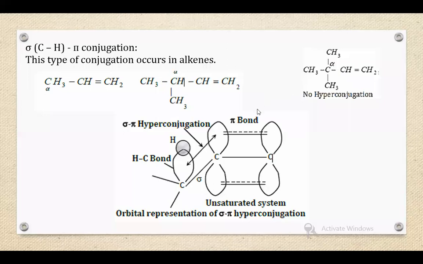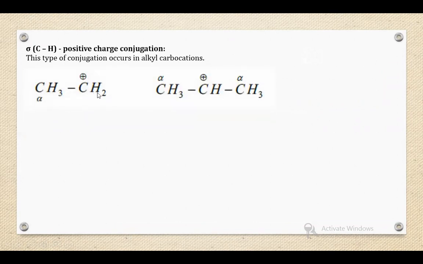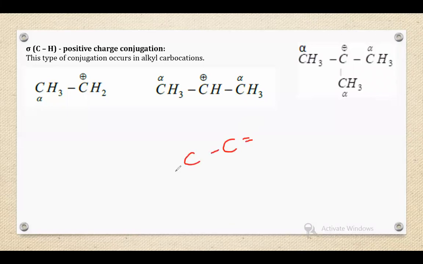Sigma means the carbon-hydrogen single bond, with pi conjugation. Similarly, there is carbon-hydrogen sigma conjugation with a positive charge, which we call a cation. A positive charge is nothing but a cation. The carbon attached to the positive charge is next, an alpha, and here the carbon is attached to the next, and both are alpha. You need to notice that alpha does not mean only one side. If the positive charge carbon is attached to a double bonded compound, then the carbon attached is called the alpha carbon.